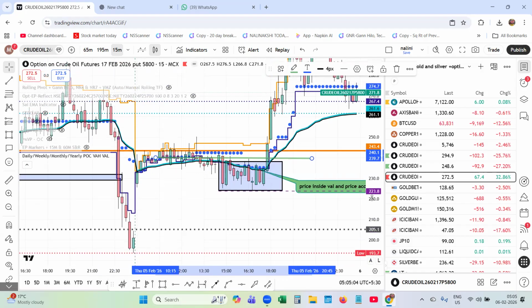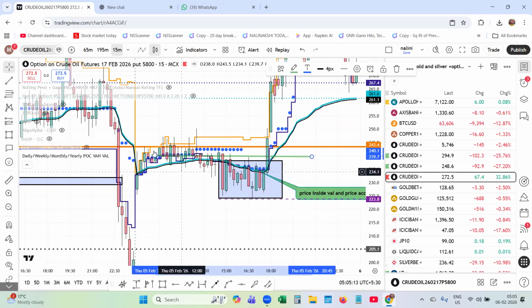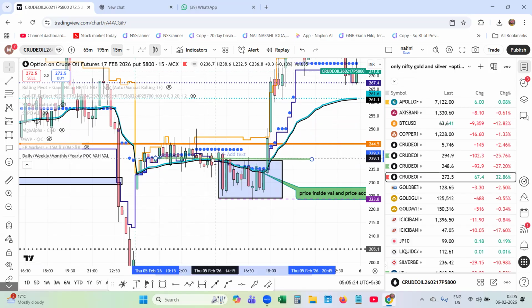Actually, here it has been manipulated and a rotation area has been formed. Notice over here, this was the value area high, and when this point of control was forming, this was the value area low.